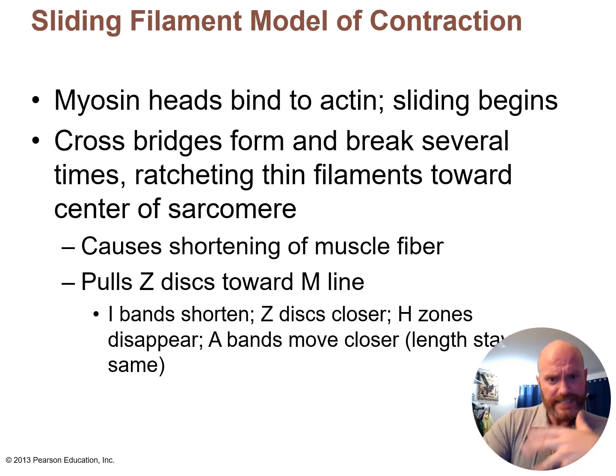When this occurs, sliding begins, and cross bridges form and break several times. Overall, this is going to cause shortening of the muscle fiber. The Z discs will be pulled toward the M line. The I bands will shorten. The H zone disappears, which is the part right in the middle, and the A bands move closer, even though their length stays the same.